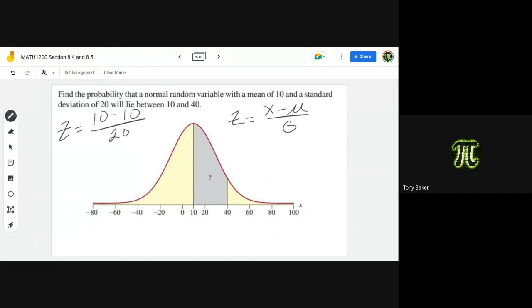So 10 minus 10 is 0, divided by 20 is 0. So the Z-score for this one is 0. Now let's find the one for 40. Same concept: 40 minus 10 divided by 20 equals 1.5. So this Z is 1.5.